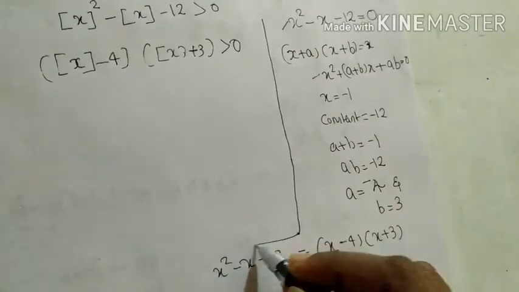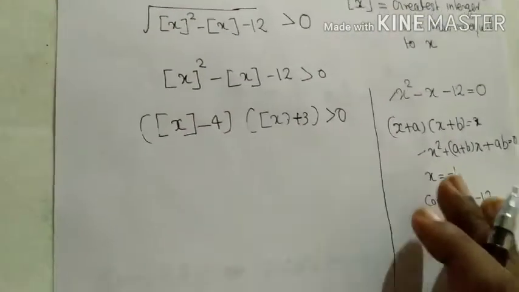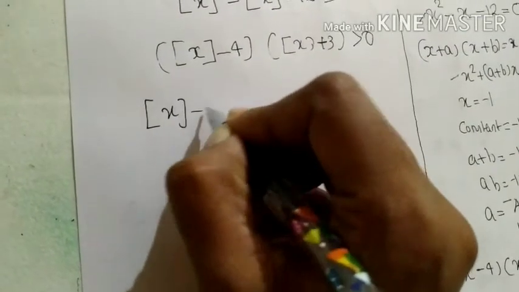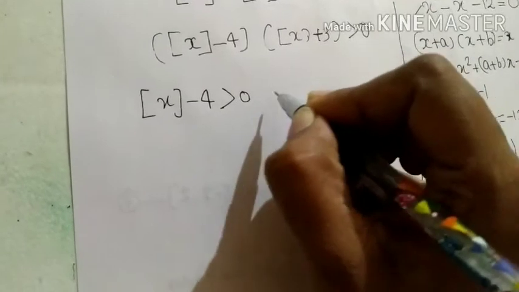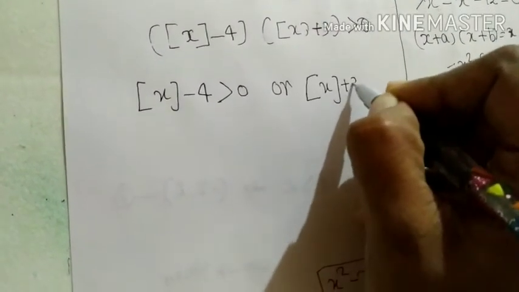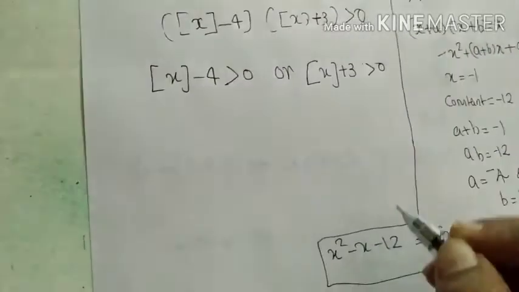I hope you understood. So either this term is greater than 0 or this term is greater than 0.